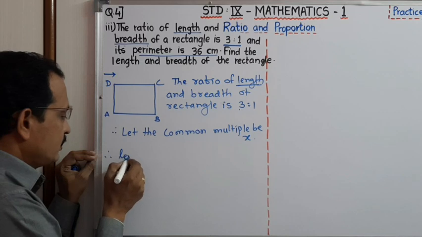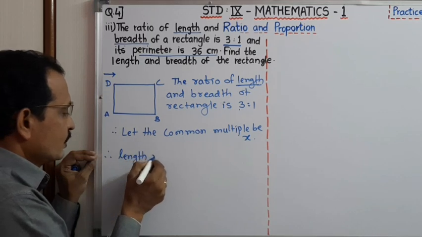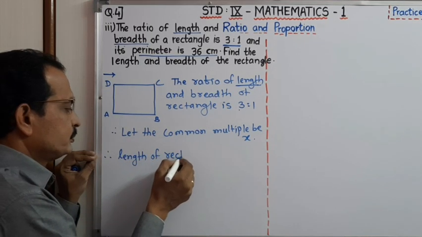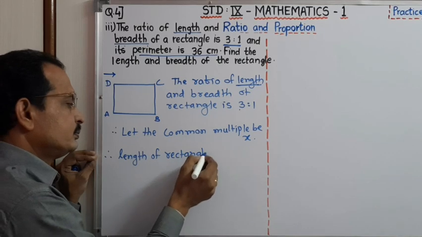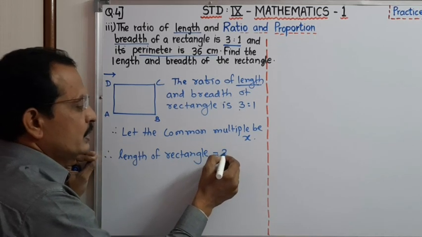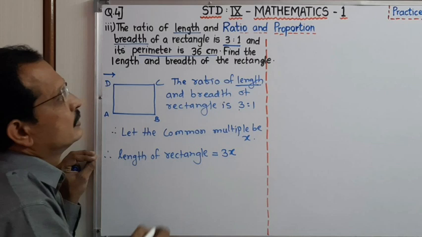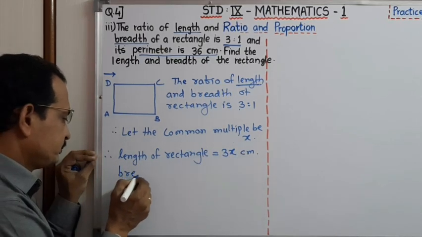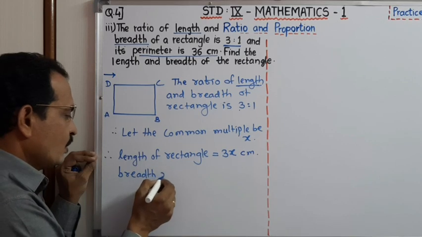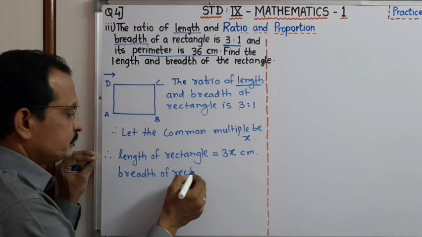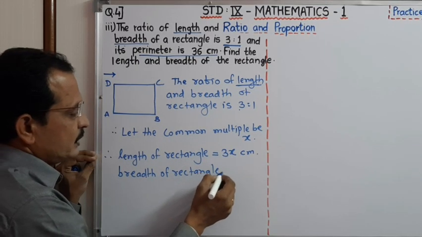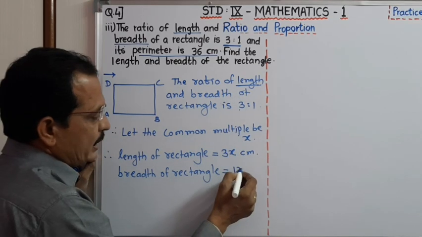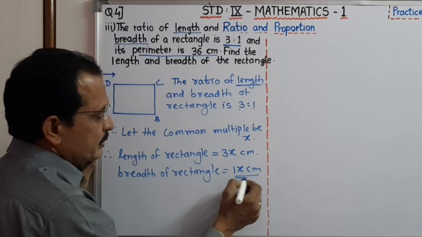Therefore length of rectangle is equal to 3x centimeter and breadth of rectangle is equal to 1x centimeter.